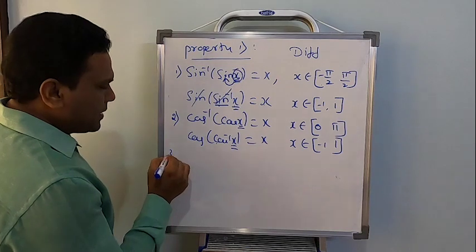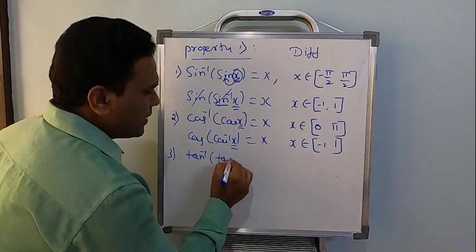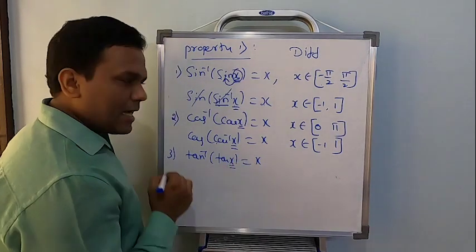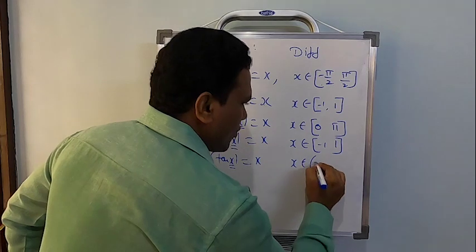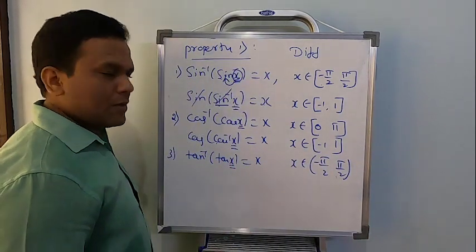Okay, and the next will be tan inverse of tan x is equal to x. x is present in normal tan, so the domain of tan was the open interval minus pi by 2 to pi by 2. Fine.